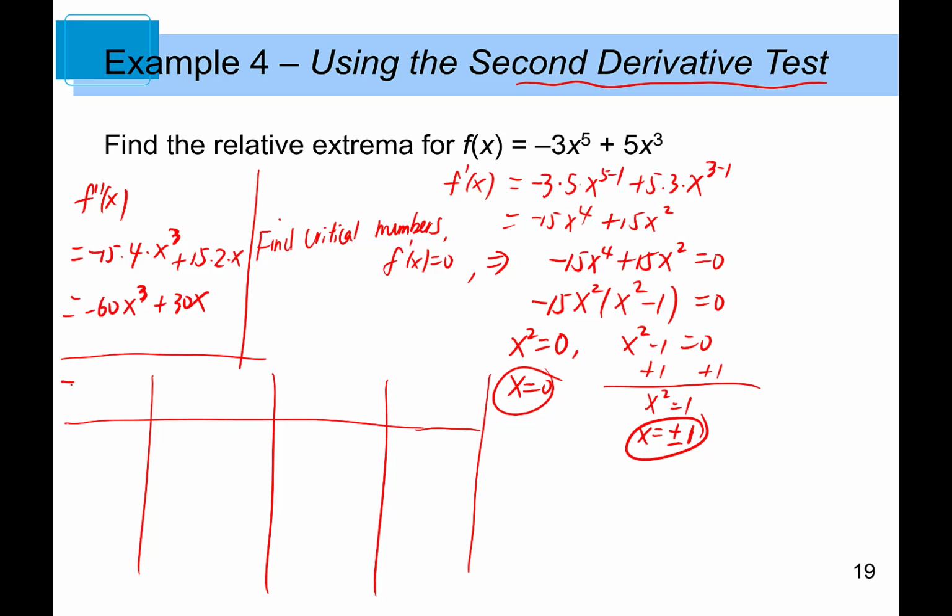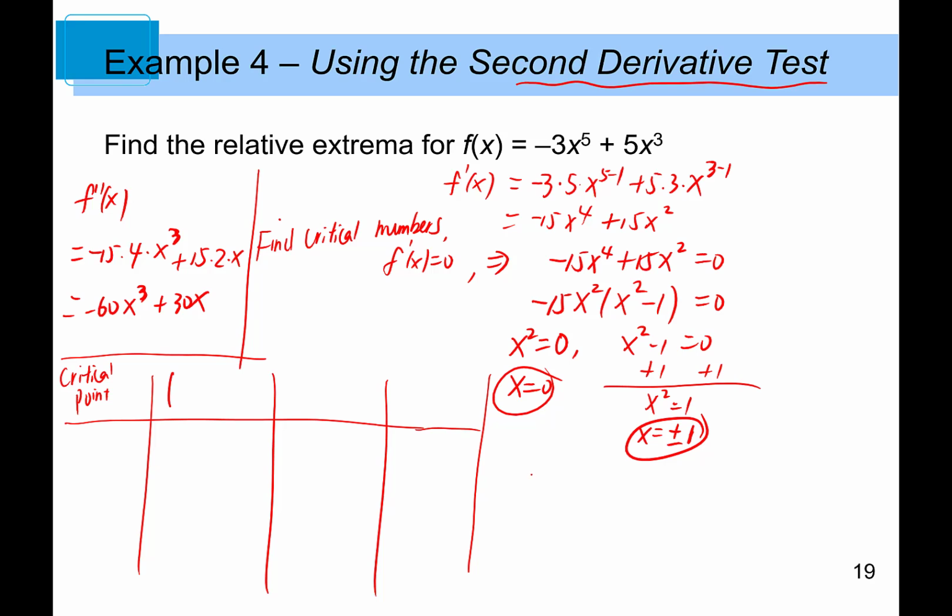Let's test all 3 test points, or critical numbers. I think it's better to put it on the critical point. First point, let's take a look.